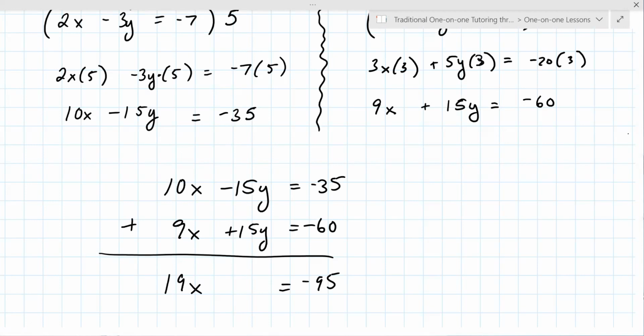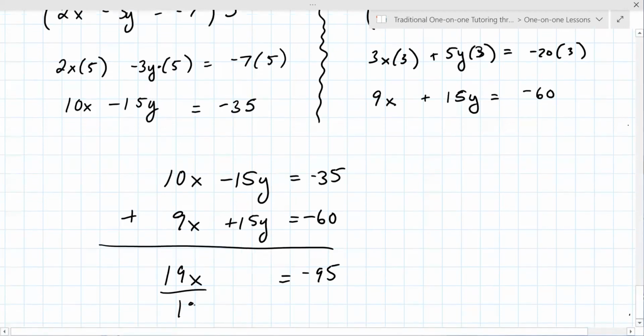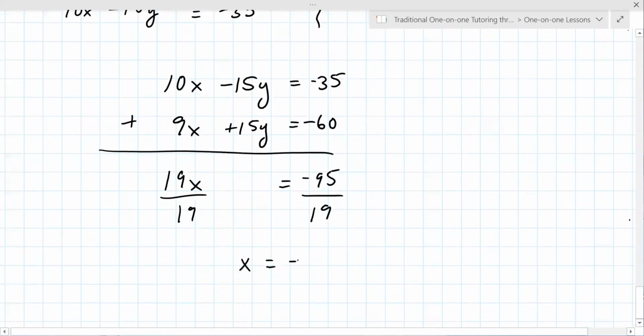Now we divide both sides by 19, and we find that x is minus 5. All right, let's proceed.